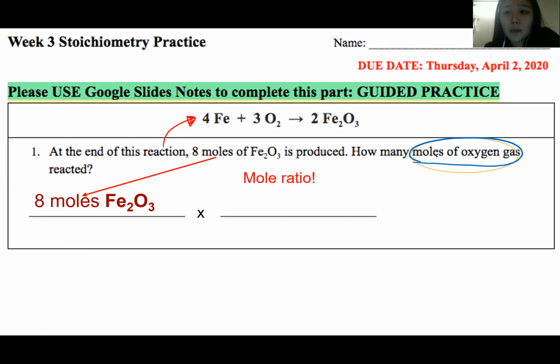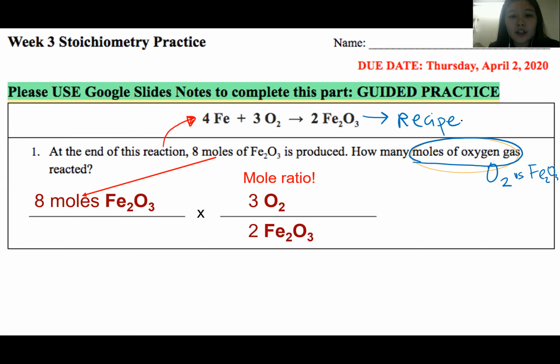So we need to set up a mole ratio between oxygen gas, O2, versus Fe2O3, which is given by our equation, which is also our recipe, right? So we have 3 moles of oxygen over 2 moles of Fe2O3.